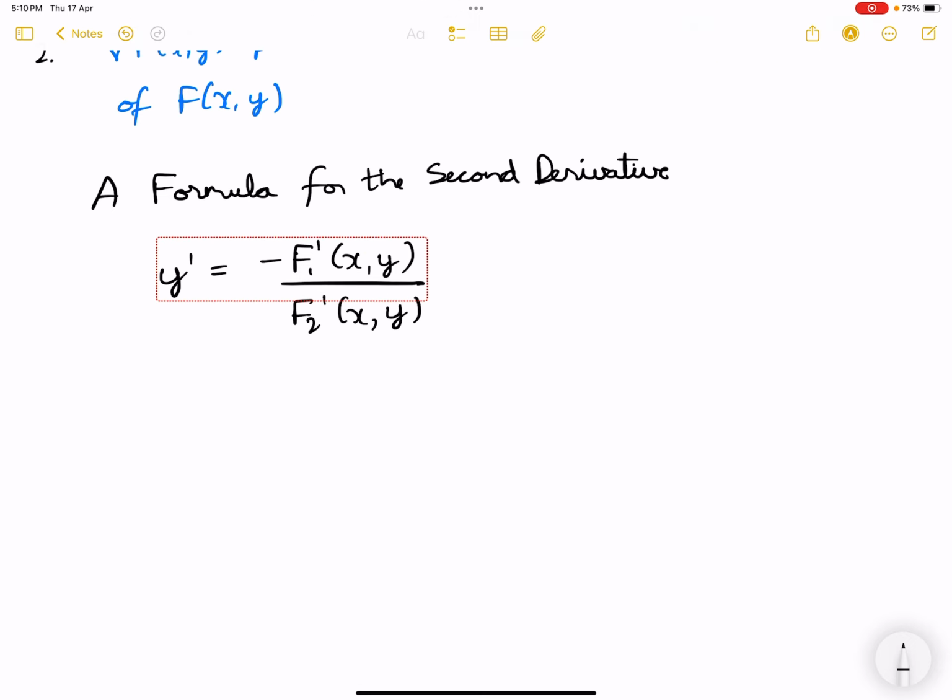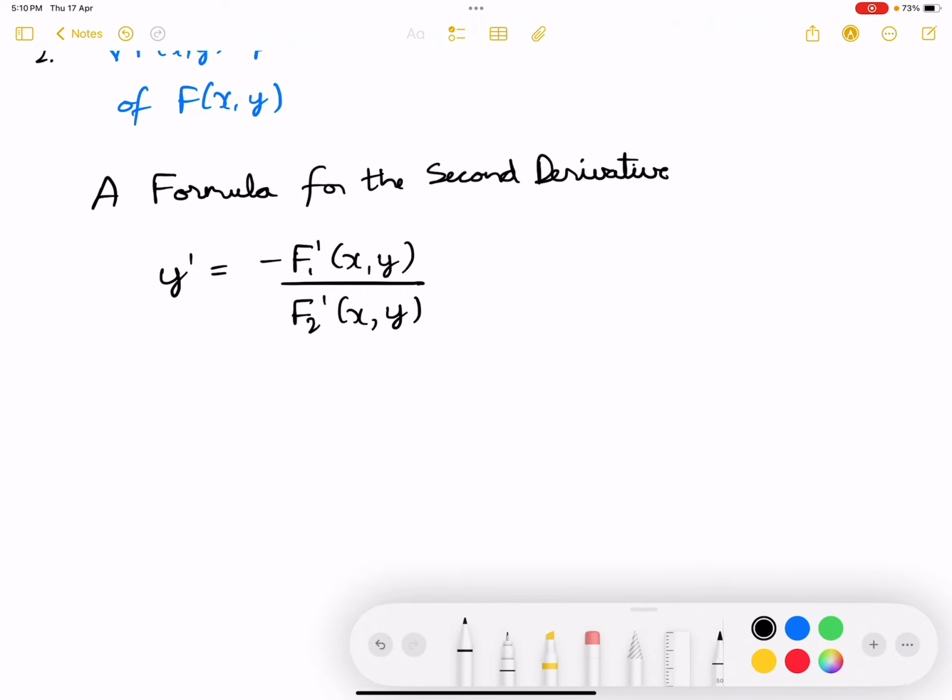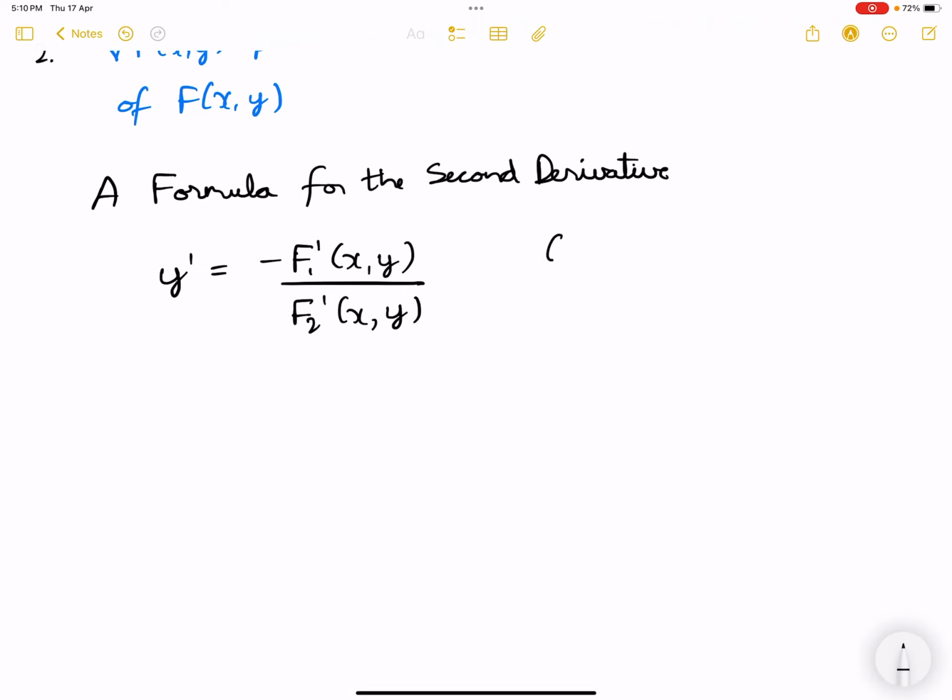Now let's suppose we write g(x) as f1 dash(x,y) and h(x) as f2 dash(x,y).